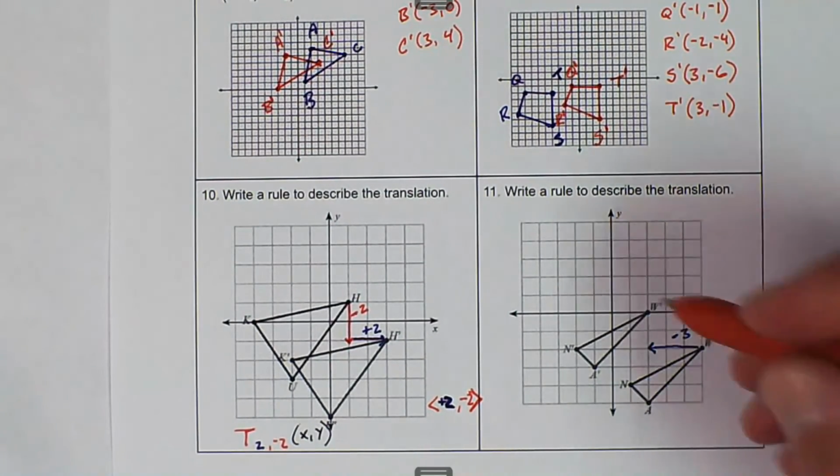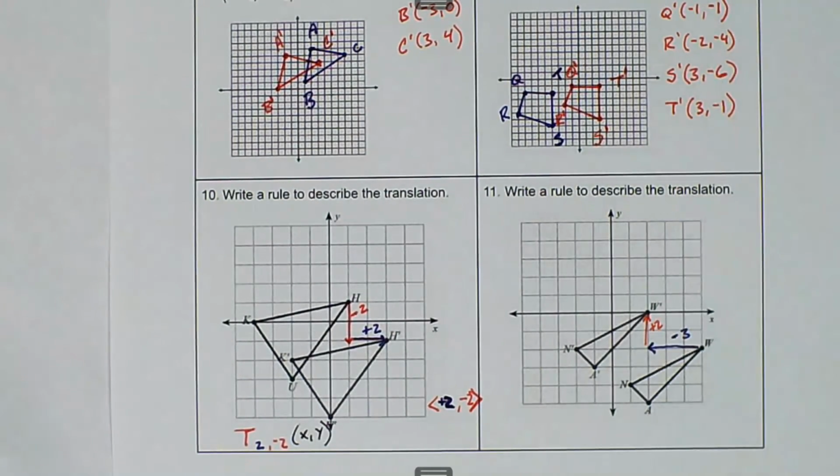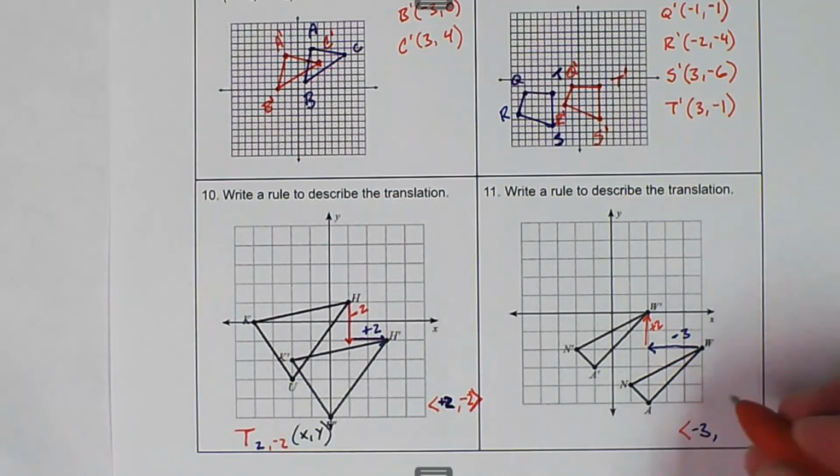And then in the positive direction, plus 2. So our vector notation, we always write the X first, so it'll be negative 3 and positive 2 in the Y direction.